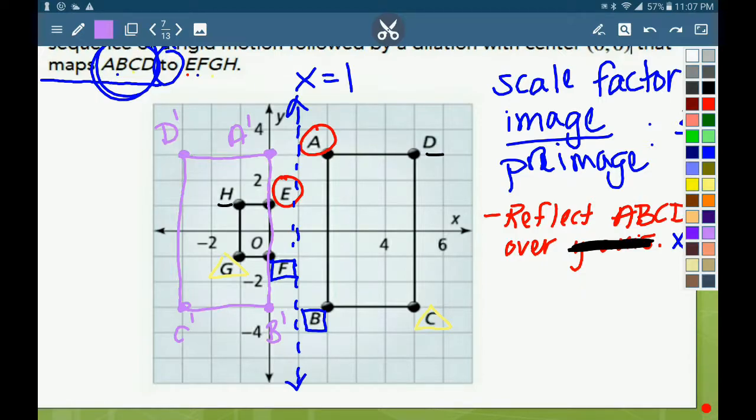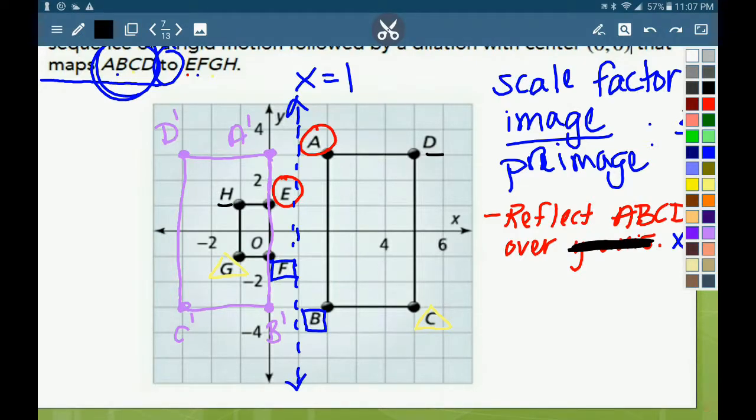Now, because the right side of the rectangle is sitting on top of the y-axis, I can now go ahead and dilate, because it's going to pull point A prime down towards point E. Remember, when you enlarge something, the origin pushes it away.